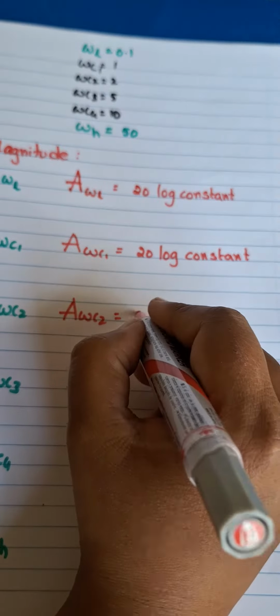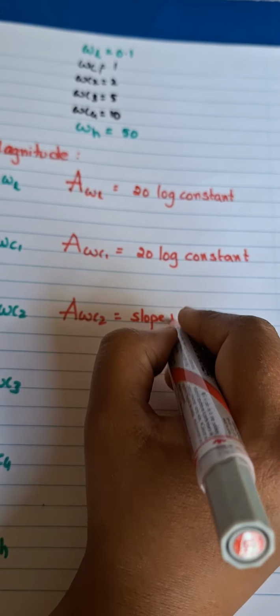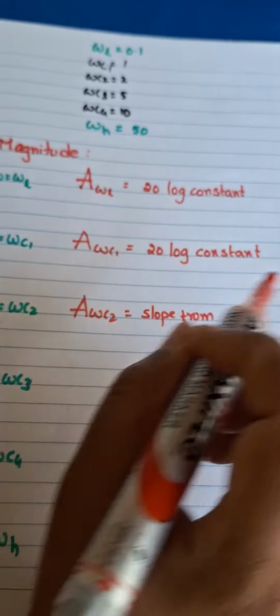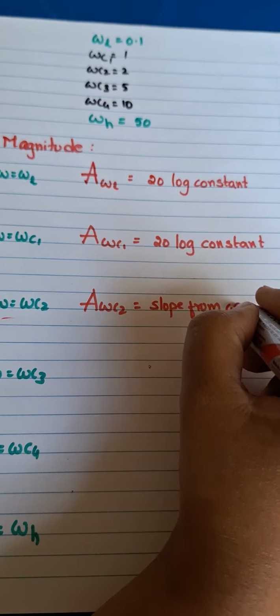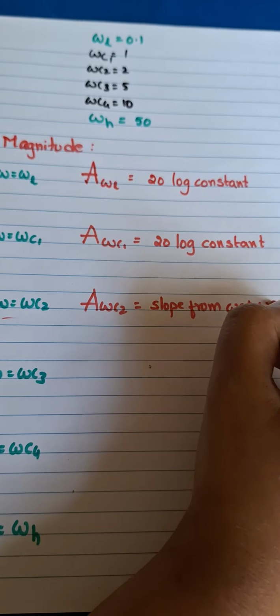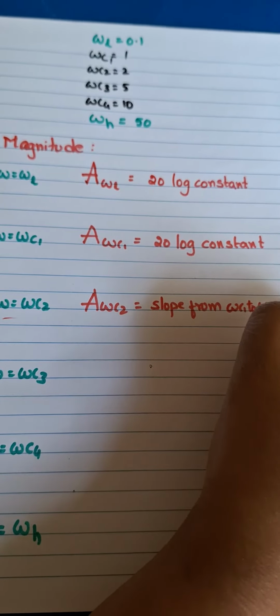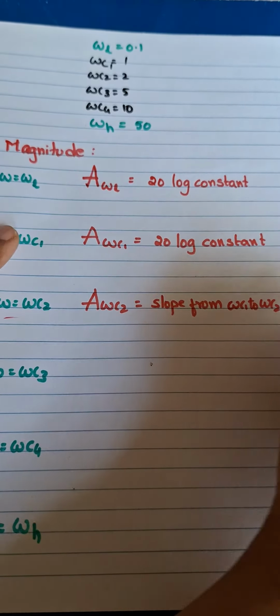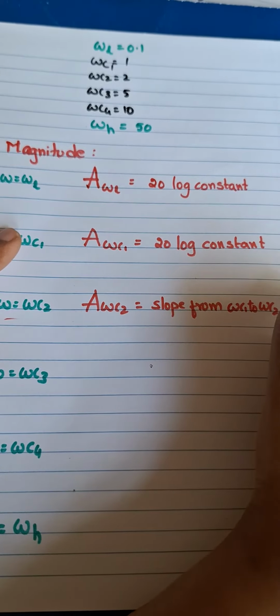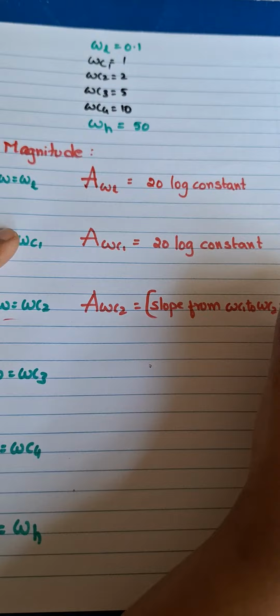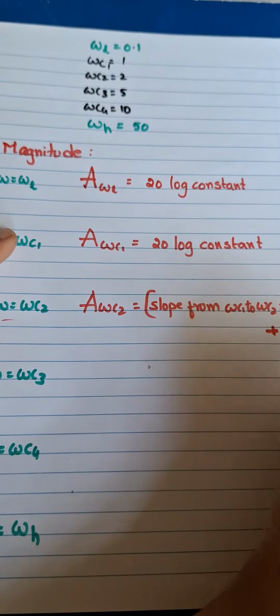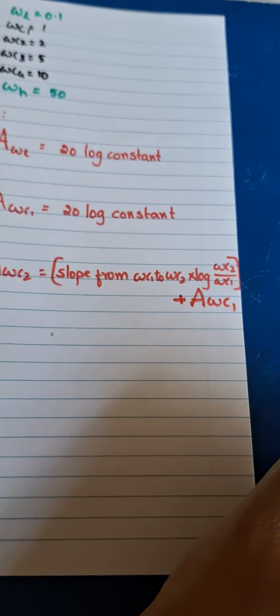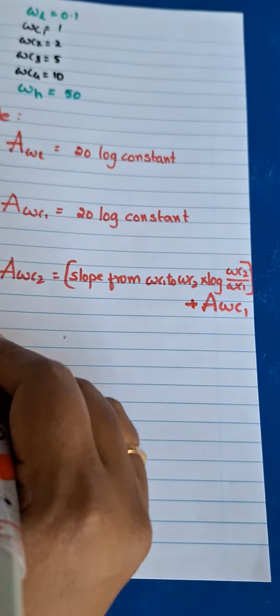We say it as slope from C1 to C2, into log of present value by previous value, that is highest value by lowest value, omega C2 by omega C1, plus previous magnitude value.